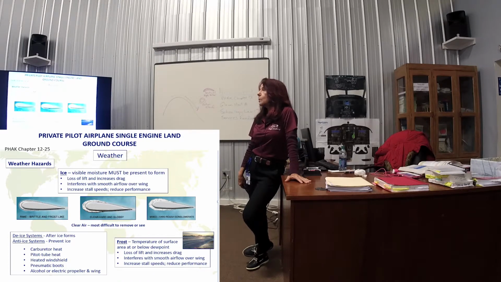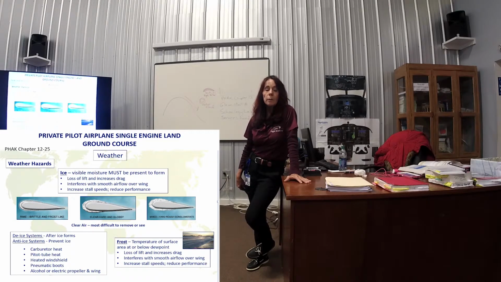One of your FAA questions about ice and frost is, does it change the aerodynamics of a wing? No. That FAA question indicates that you're actually physically changing the aerodynamics of that wing. No, it's not the correct answer.